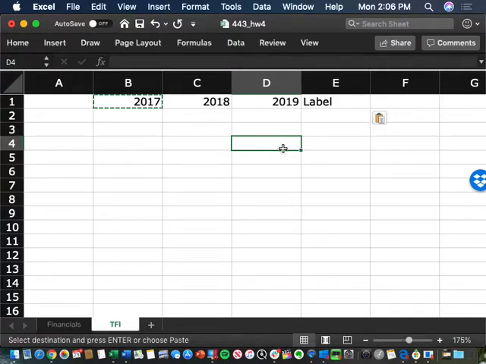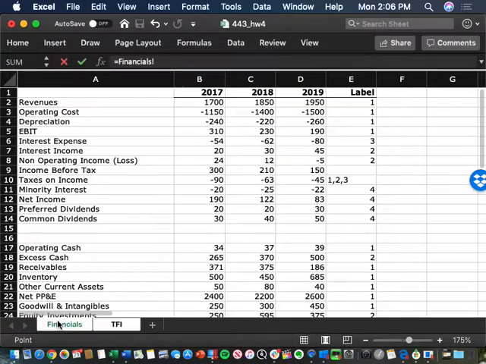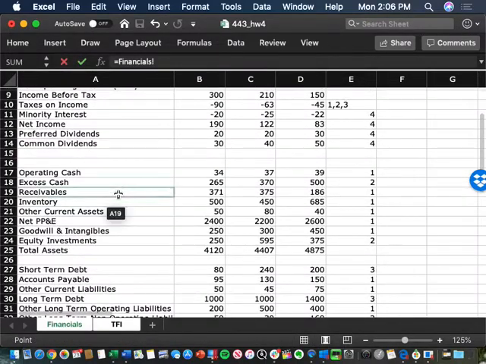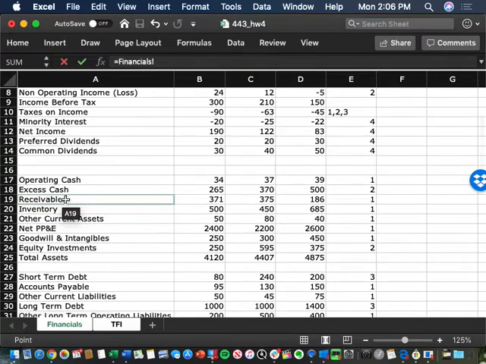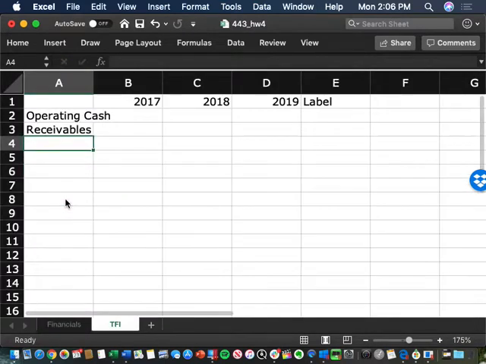We'll start out with anything that is labeled as a 1 that is an asset for the balance sheet. Start out with operating cash. And then we have receivables going down through goodwill.